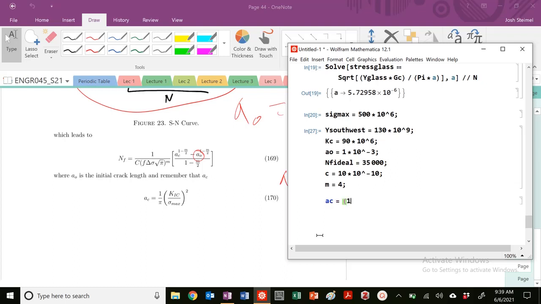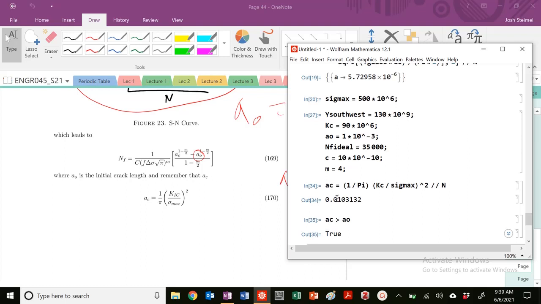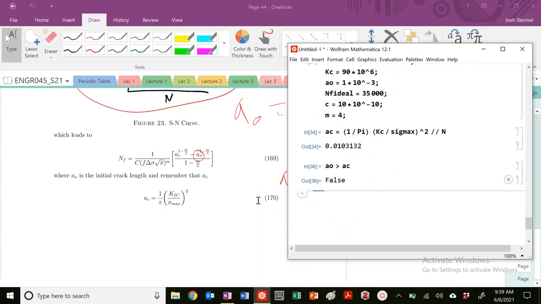So A sub C is equal to 1 divided by pi times my K sub C divided by sigma max, squared. And we see here whether A naught is greater than A sub C. Okay, so A naught greater than A sub C. Okay, so we're fine. So we can continue on with the analysis.